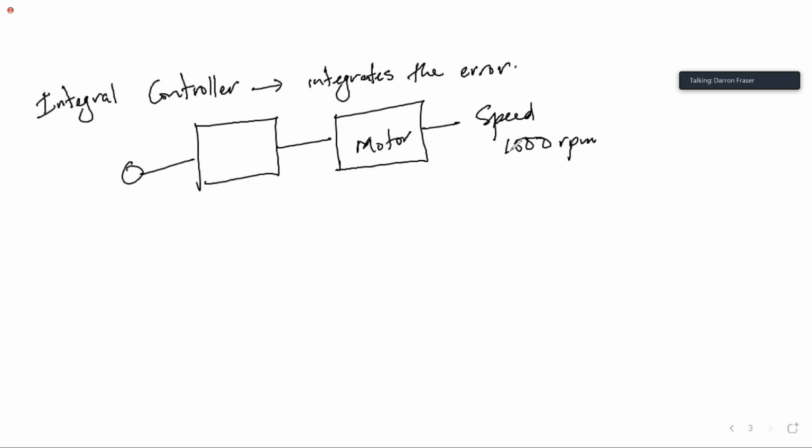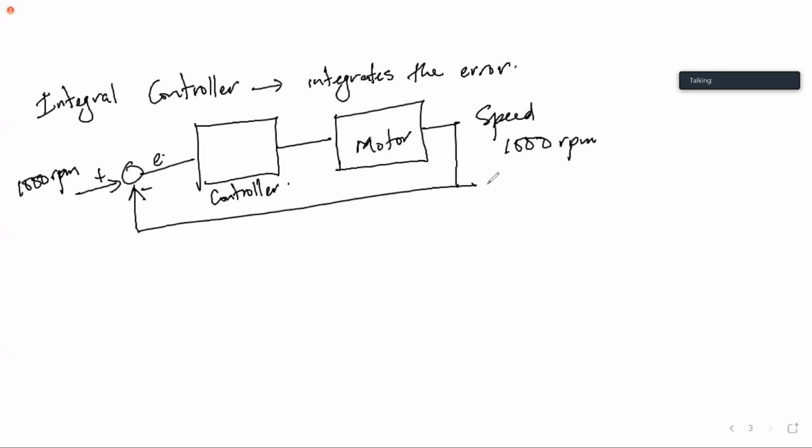So you're going to input 1,000. That is what you want in whatever fashion you input it in. And this is my error, the difference between what I want. So now, my controller.